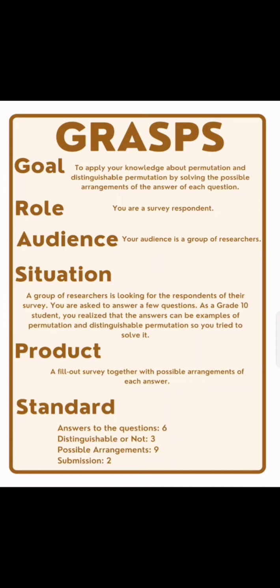It is a distinguishable permutation if there are repeating letters. If there are no repeating letters, then it is just a mere permutation. That is a total of 3 points. Possible arrangements are 9 points, 3 points each, and then 2 points for the submission if you submit your PT on time or earlier.